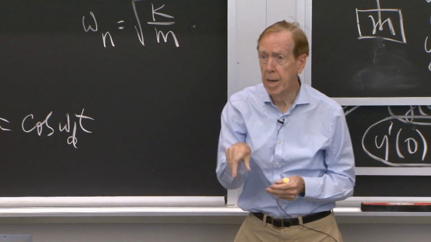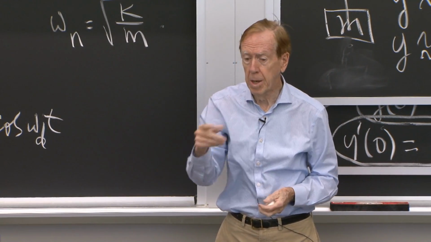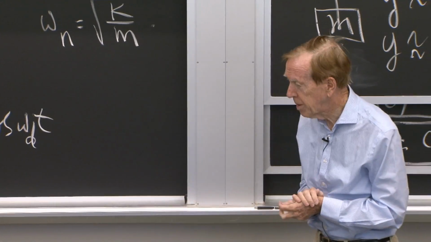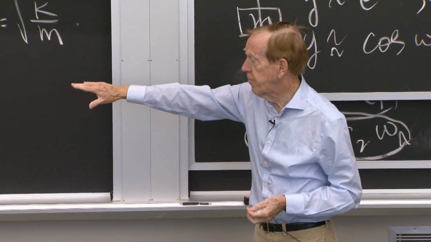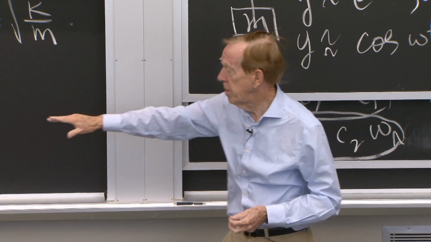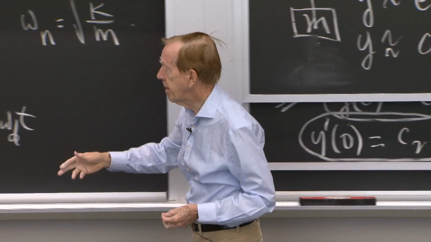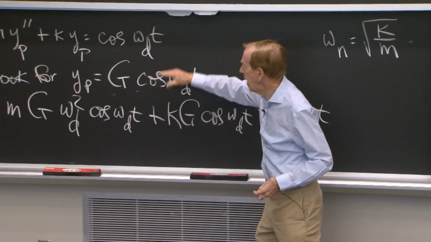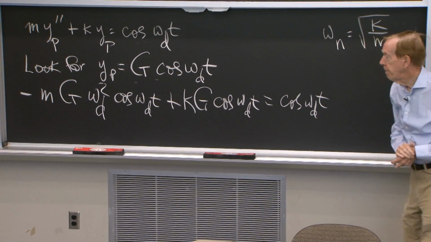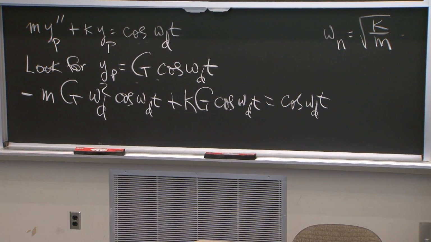Cosines and sines are included, and we'll see all the other ones that are included. Most forcing functions, we couldn't just assume that the solution had the same form. It's only these nice ones, but cosines are nice.